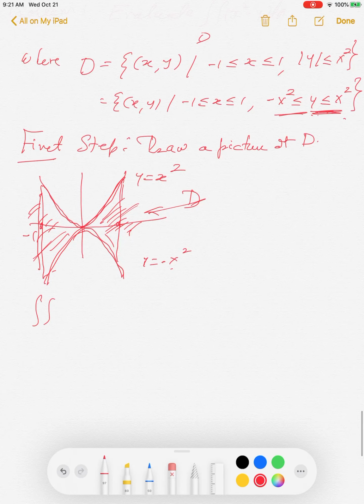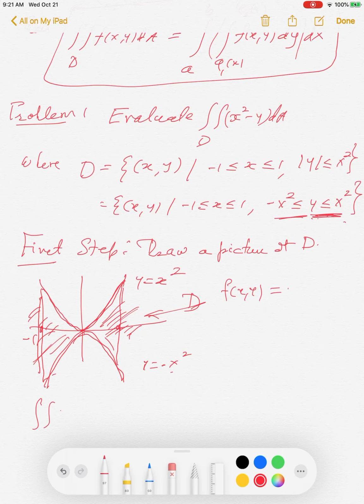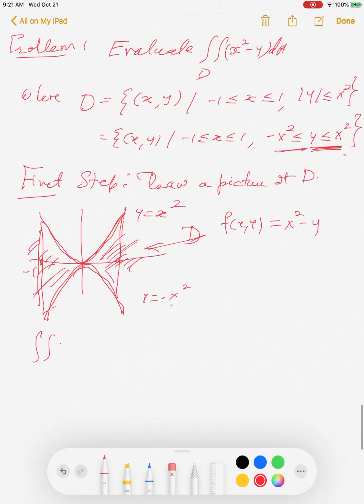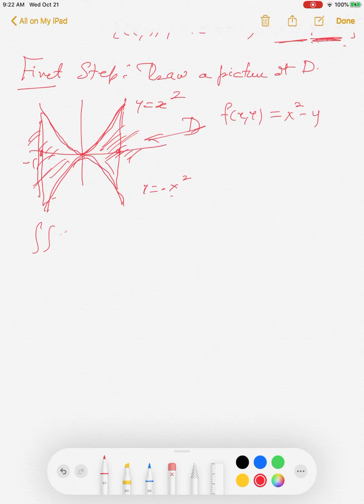So therefore, by the theorem, your function f of (x, y) is x square minus y. So this integral of x square minus y dA will be written as an integral, first I integrate with respect to y, and this will go from phi1(x) to phi2(x).